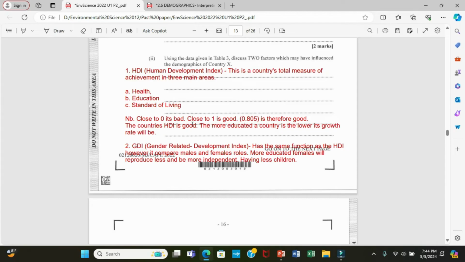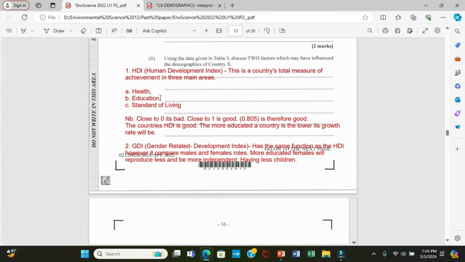All right, let me finish reading. The country's HDI is good. The more educated a country is, the lower its growth rate will be. So this point that I made here is very important. You have to know, guys, the more educated individuals are, females and males, these individuals will have fewer children, because they are aware that extra children will put a strain on the resources of the country.